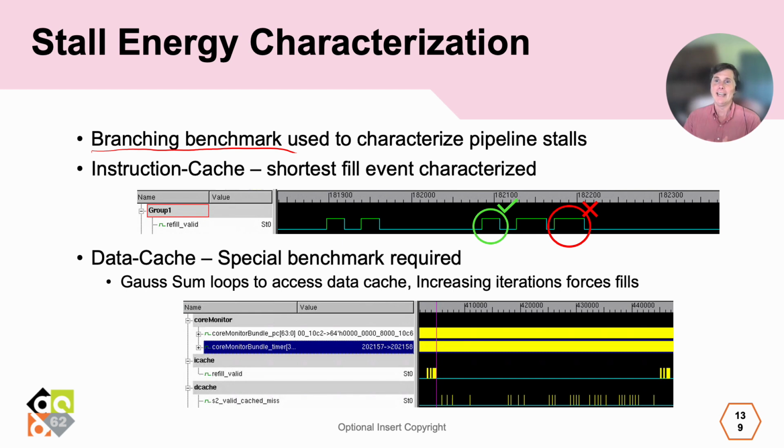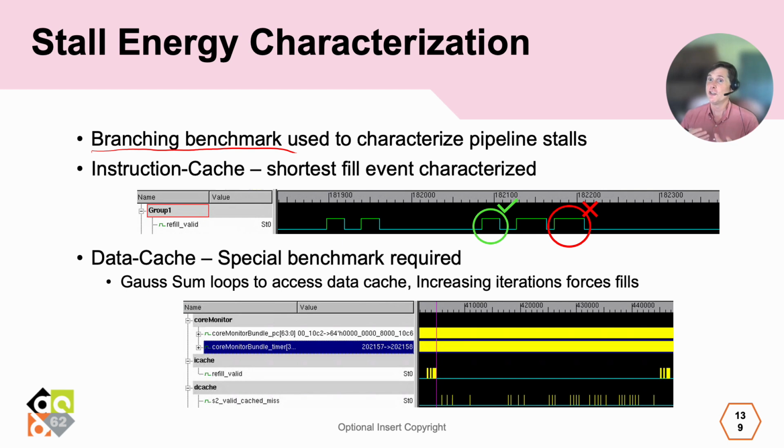Microprobe actually gave us a branching benchmark that we could use to characterize the amount of time lost when you would do a branch instruction. So that's what we used for characterizing pipeline stalls.